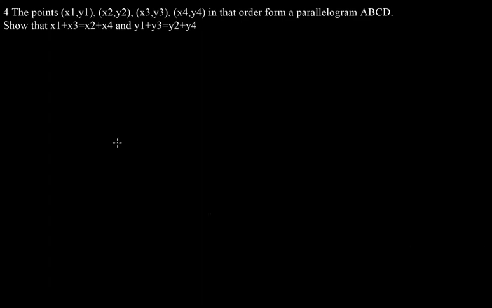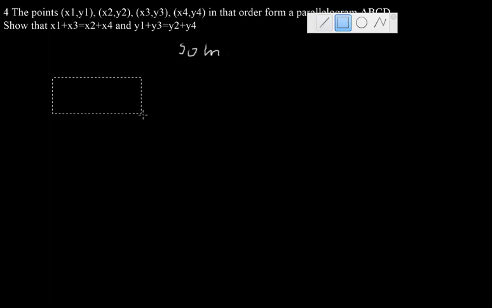Okay, so welcome back. Let's see how we can work this question out together. So given the points (x1, y1), (x2, y2), (x3, y3), and (x4, y4), let's first start with drawing the parallelogram that we are given. So here's our solution. Let's draw that parallelogram again. So here is a parallelogram.